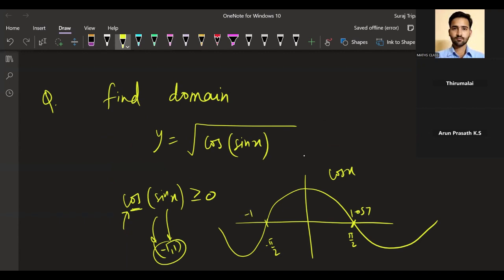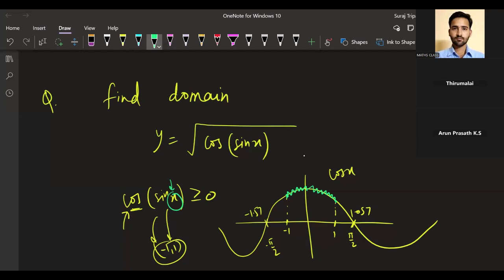Pi by 2 means 1.57, and minus pi by 2 is minus 1.57. That means minus 1 will lie somewhere here and 1 will lie somewhere here. So between -1 and 1, the value of cos x is positive, as the graph is lying above the x-axis. Whatever value of x you choose, sin x will be between -1 and 1, and between -1 and 1, cos x is always positive.